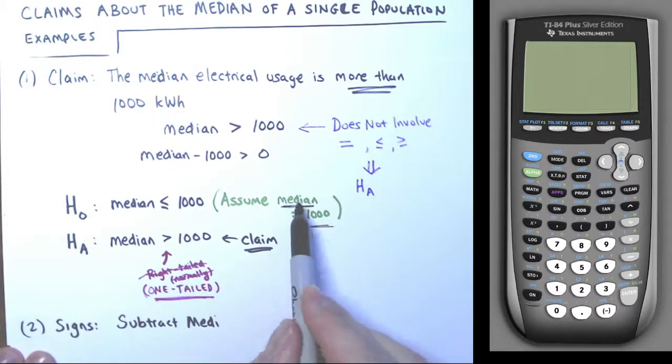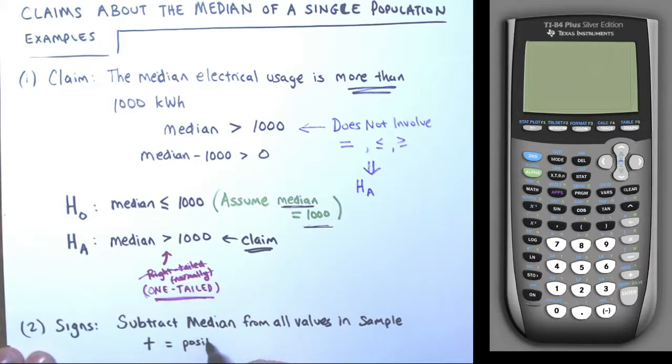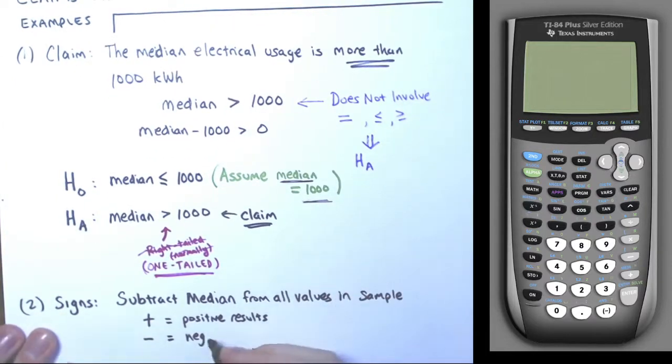We're assuming that the median usage is 1,000 kilowatt hours. Subtract the median from all values in the sample. I'll assign a plus sign to positive results, which makes sense, and a minus sign to negative results, and 0 to 0. I'm not even going to write the 0 one.